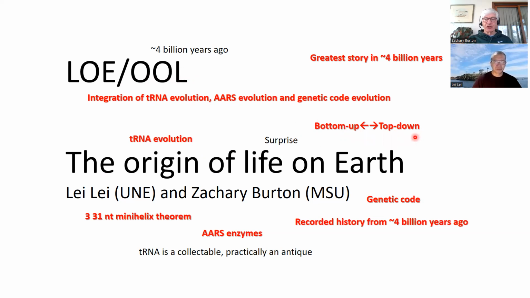And a top-down approach is to infer origin of life from existing biology, which is tRNA sequences. So the origin of life on Earth, and embedded in the genetic code is a recorded history from about 4 billion years ago. That's because some of this history was recorded 4 billion years ago and never overwritten, and in particular that's seen in tRNA sequences.